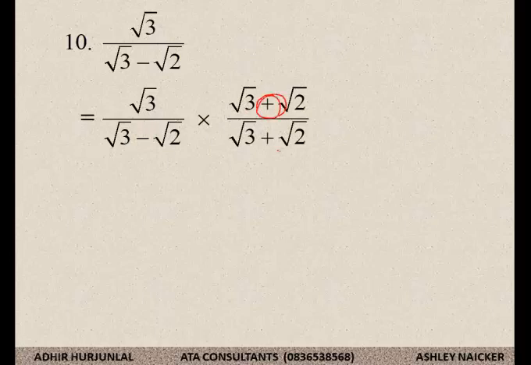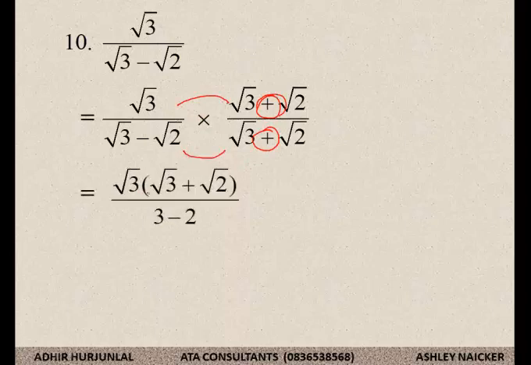There's the change of the sign. I multiply out, I multiply out. Numerator times numerator. Denominator times denominator. Root 3 times root 3 is 3. Root 2 times root 2, where one is a negative, one is a positive, is minus 2. And this here, guys, is equal to 3 minus 2, which is equal to 1.